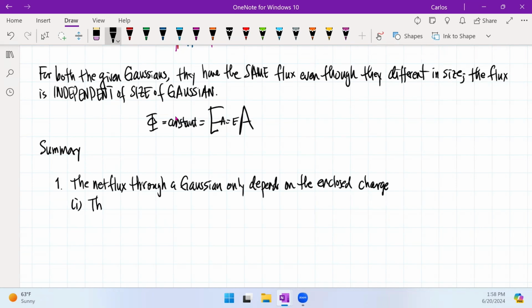So the sign of the charge determines whether it is positive or negative.